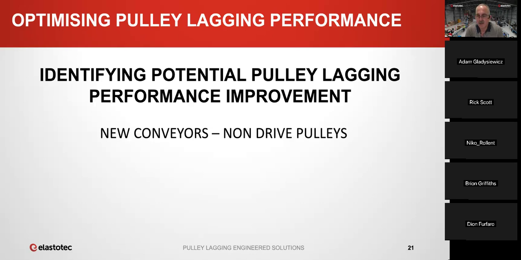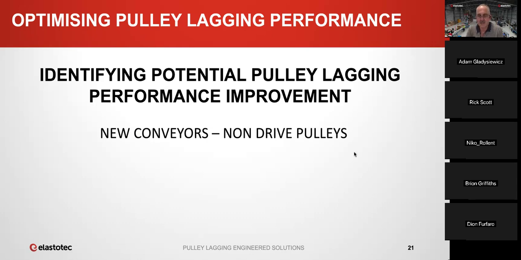Let's have a quick look at non-drive pulleys on new conveyors. Quite often decisions are driven by the need to keep the cost of a new project to a minimum. Quite often that's done at the expense of what's going to happen once the conveyor is operating.